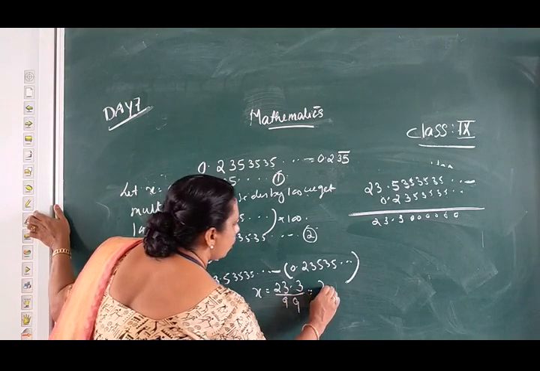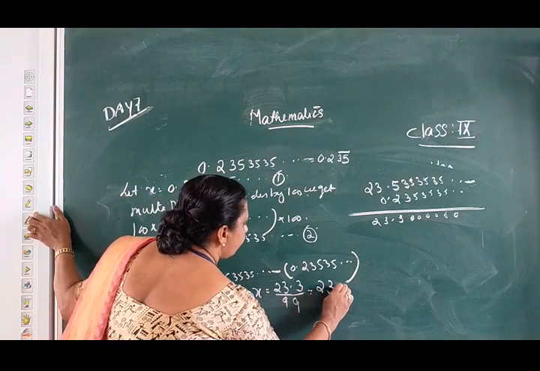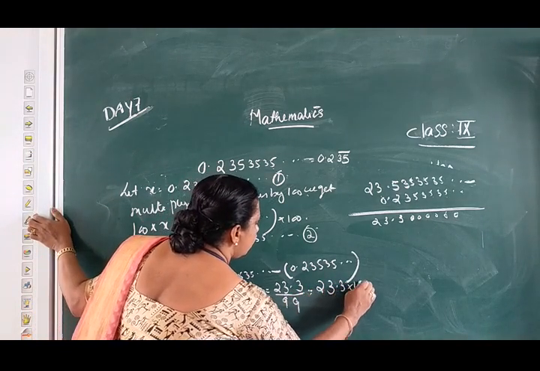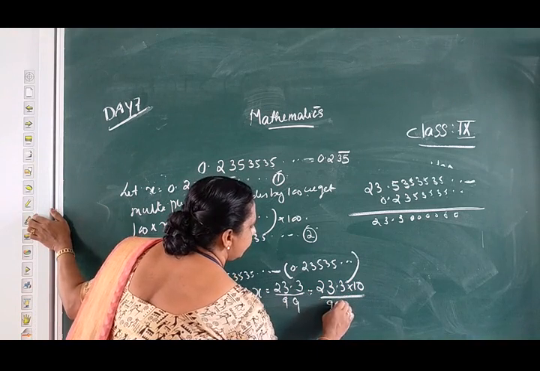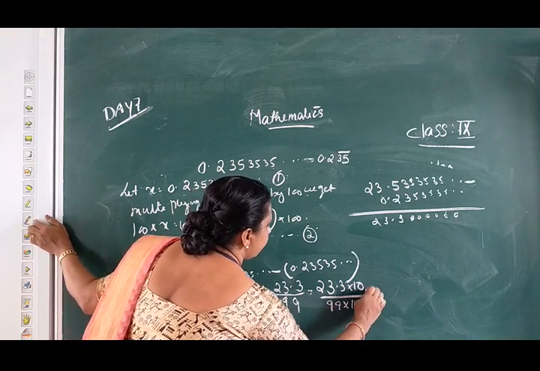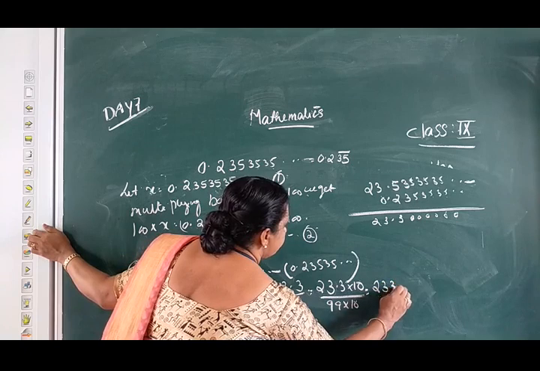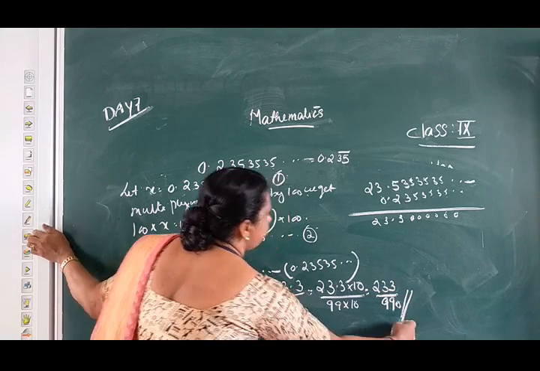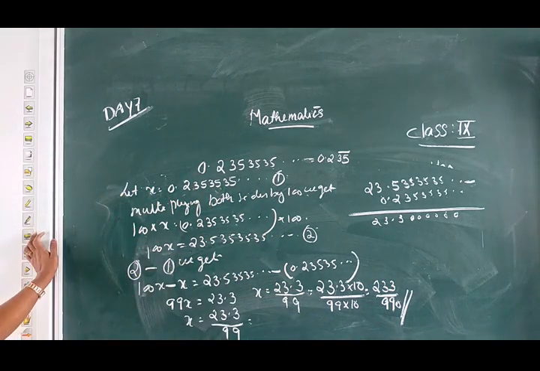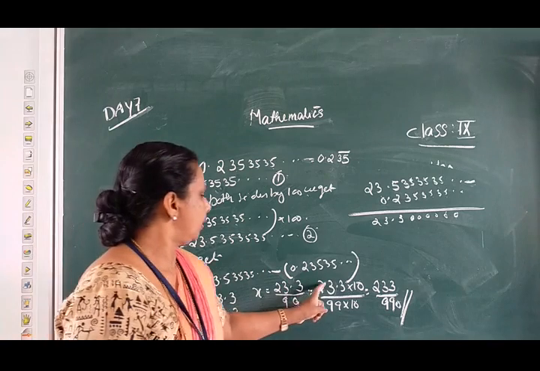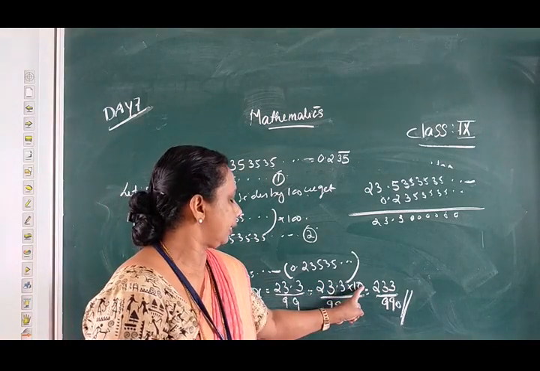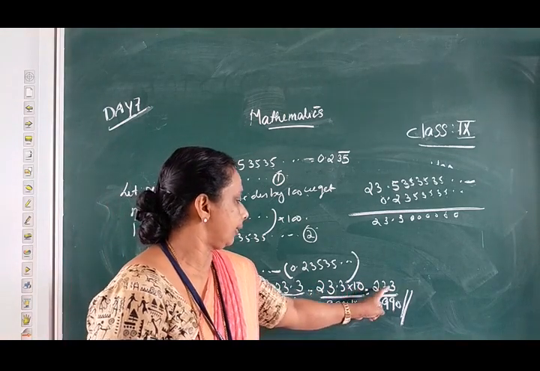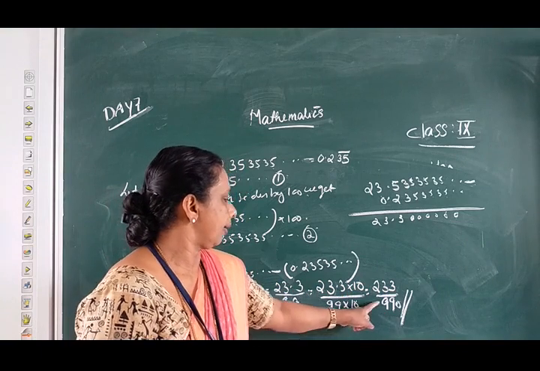That is 23.3 into 10 by 99 into 10, and we get 233 by 990.